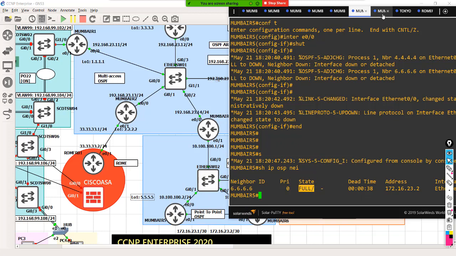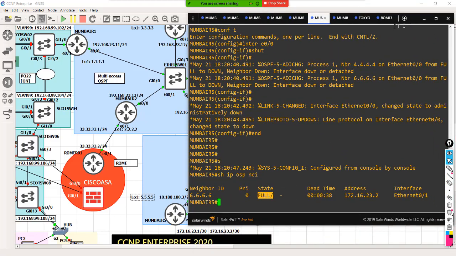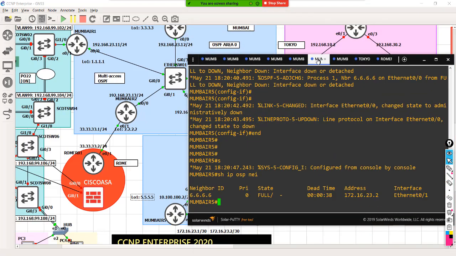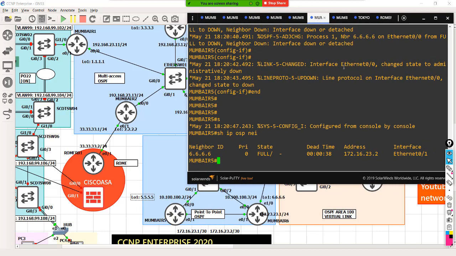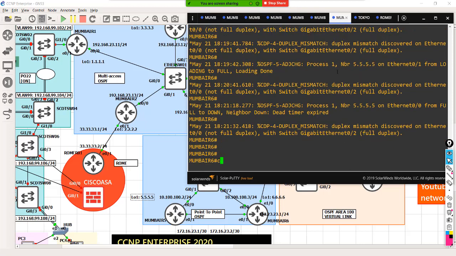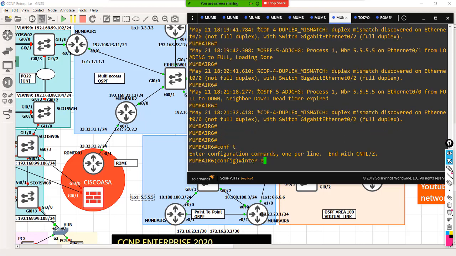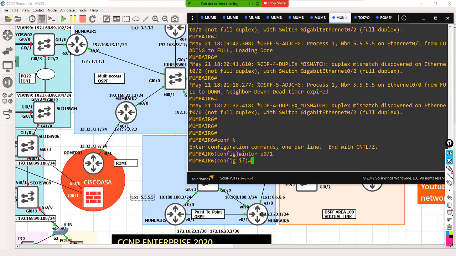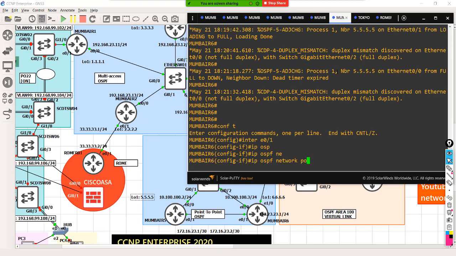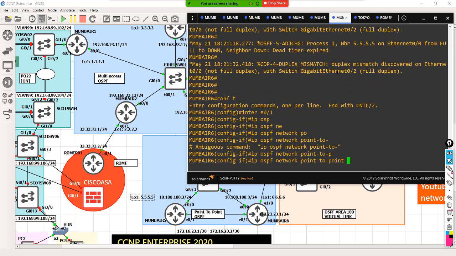Okay. On the other side, if we go towards the other side, that is Mumbai router 6. Okay, Mumbai router 6, and I'm going to change the network type. IP OSPF network type point to point.